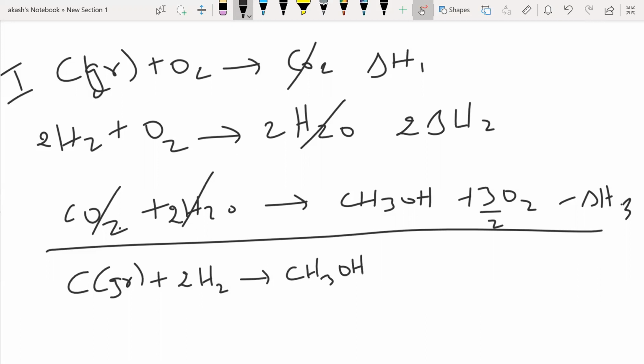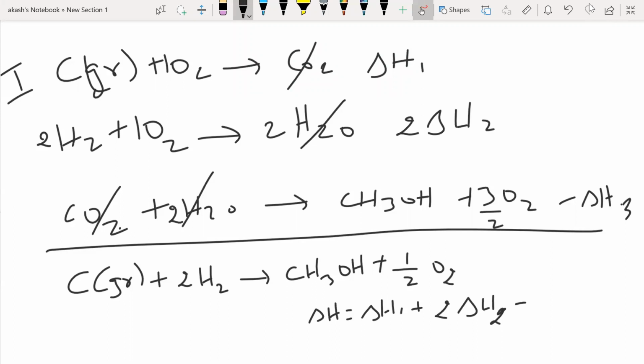Now I have to account for O2. So here I have 1 O2, 1 O2, 2 O2. So totally 2, and in the reactant side I have 3 by 2 O2, that is 1.5. Correct? So 2 minus 1.5 will become 1 by 2 O2. That's it. And the overall enthalpy for this would be delta H1 plus 2 into delta H2 minus delta H3.